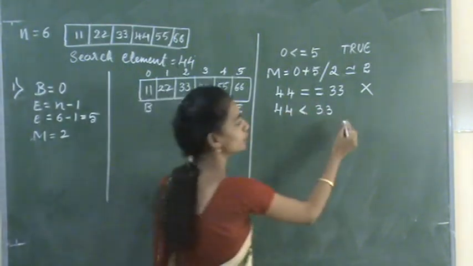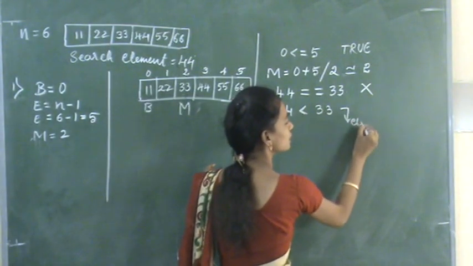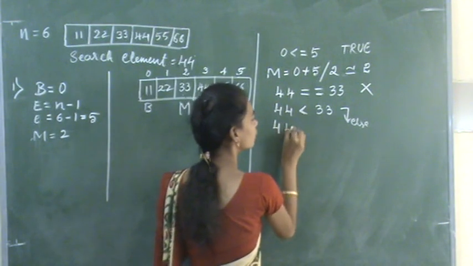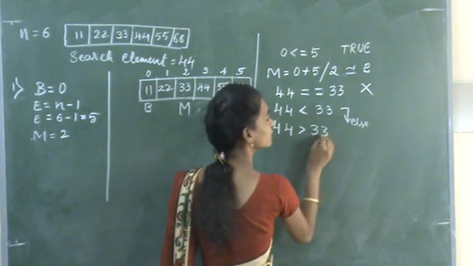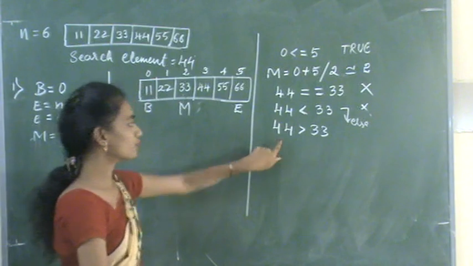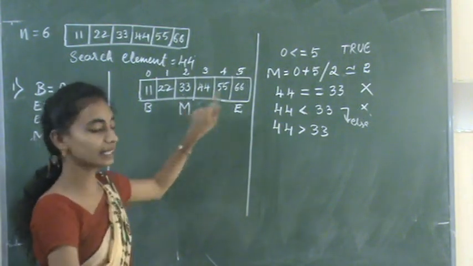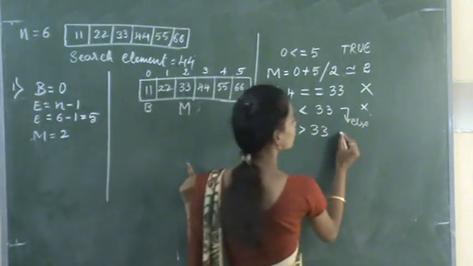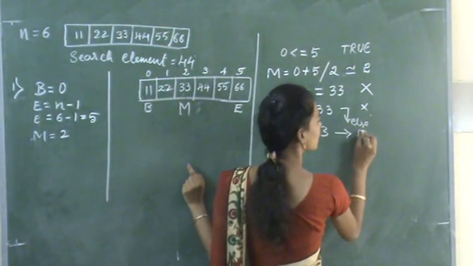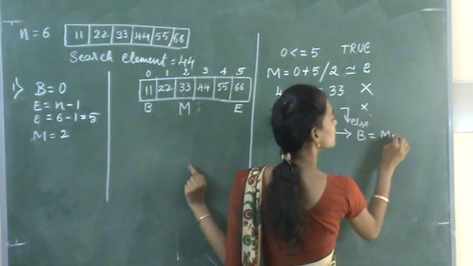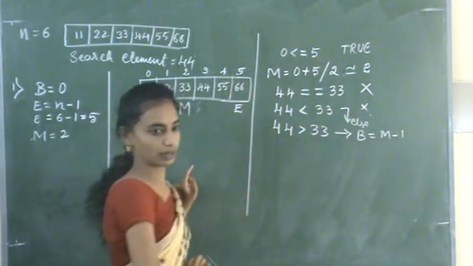So we come to the else part, that is 44 is greater than 33. If it is greater, we need to change the beginning of the array, right? So now beginning becomes mid plus 1.